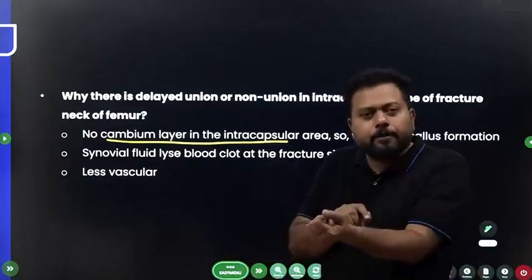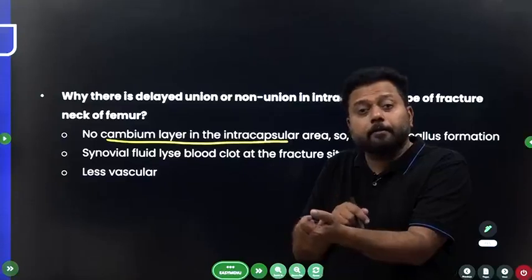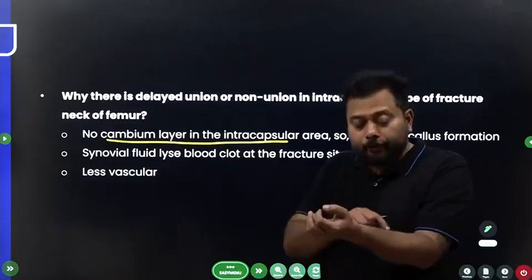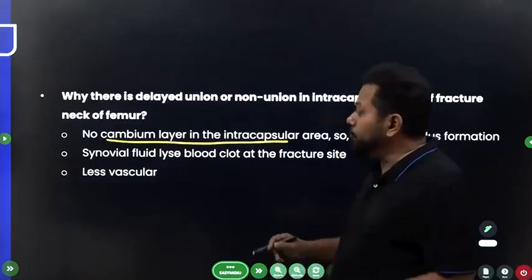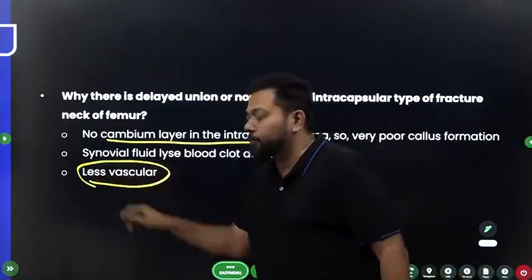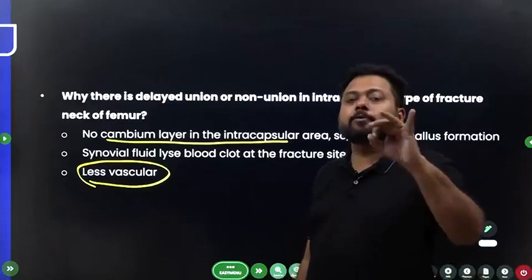That's why while doing surgery, we advise junior surgeons to handle the periosteum carefully and not strip too much of it. Even when you fix it with a plate, the bone won't heal. And naturally the neck is less vascular. So for these three reasons, fracture neck of femur always goes for non-union.